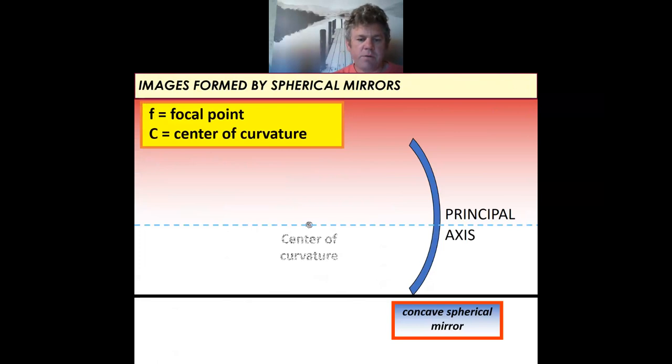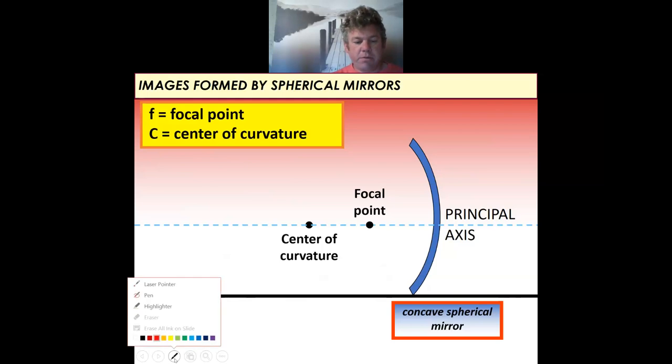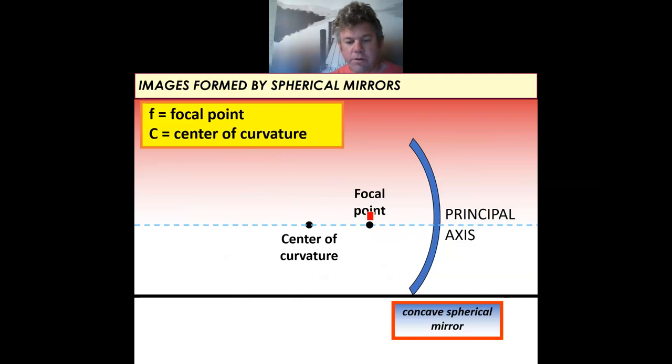There are two points that are important for our spherical mirror: our focal point and our center of curvature. The focal point is the place where parallel lines sent in will meet.